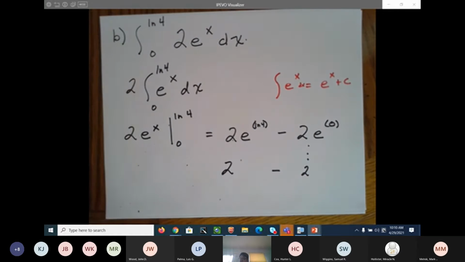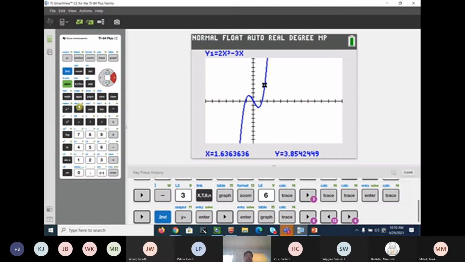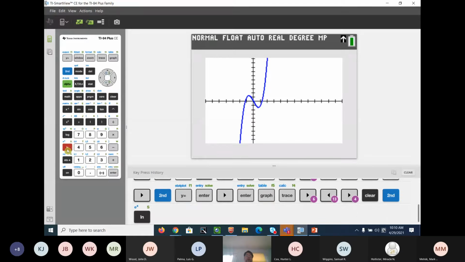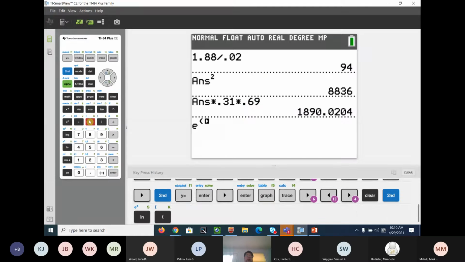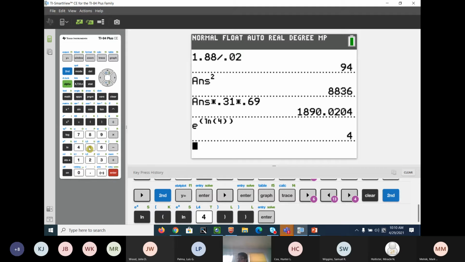And e to the natural log of 4, so calculator, e to the natural log of 4 is 4. So 8 minus 2 is 6 square units.